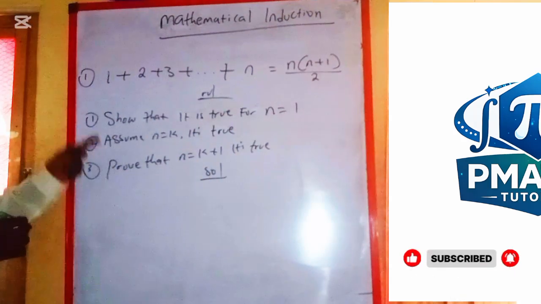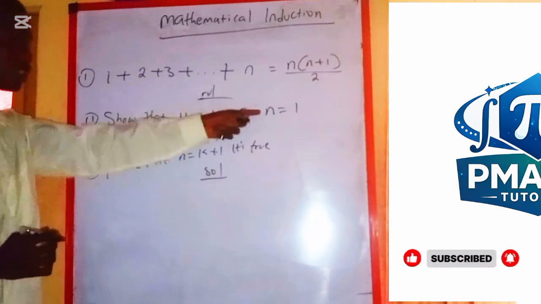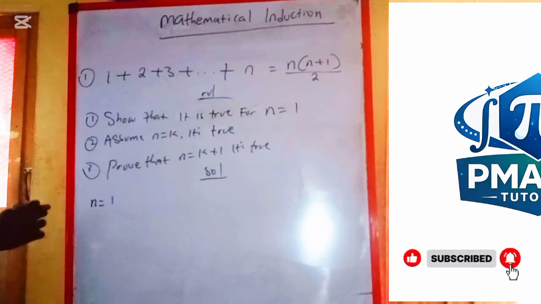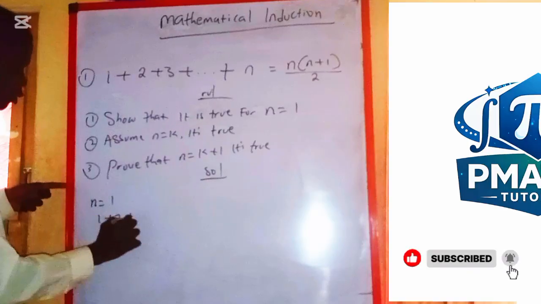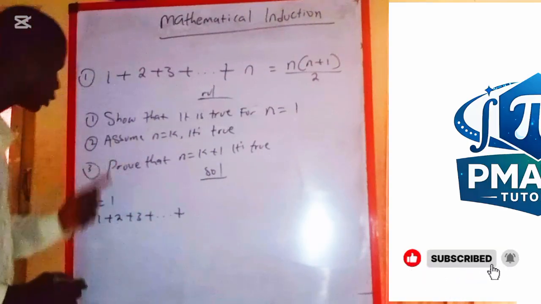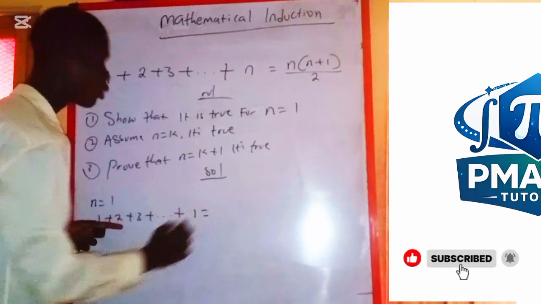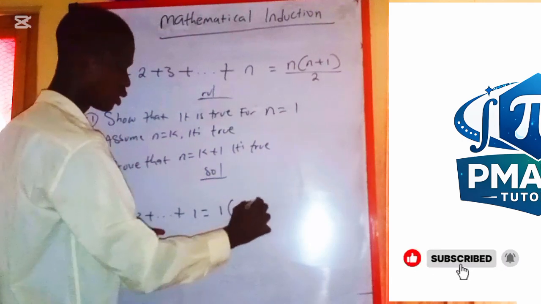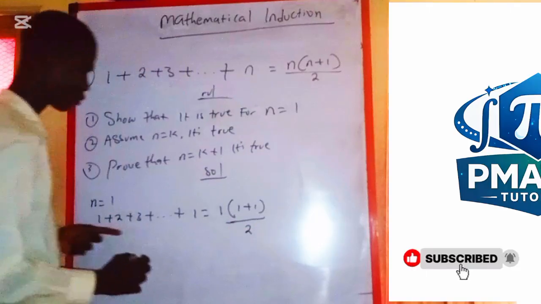So the first step is: show that it is true for n equals 1. For n equals 1, look at the question, 1 plus 2 plus 3 plus dot dot dot plus n. Put n as 1, it is equal to 1 times 1 plus 1 over 2.